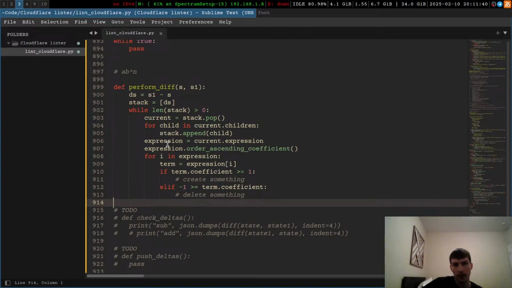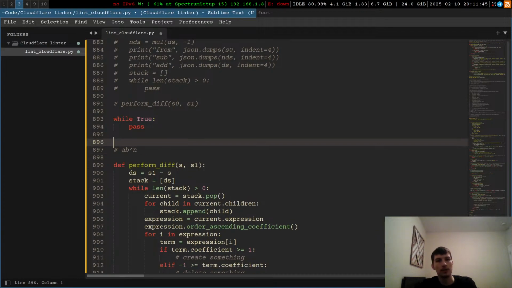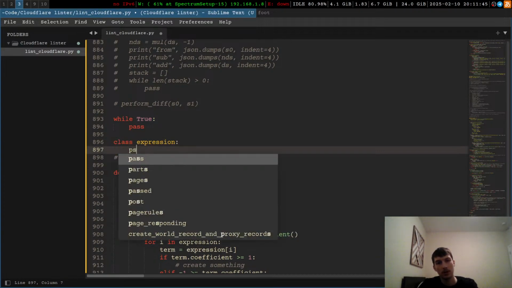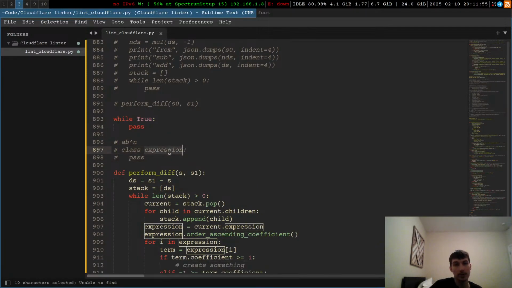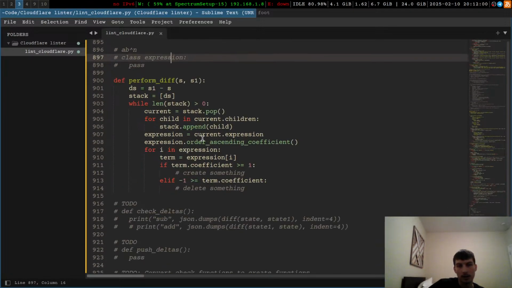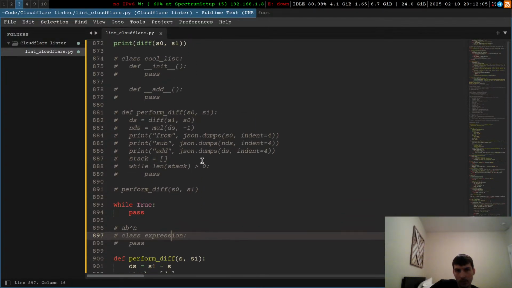But we have to make an expression class. We have an idea of an expression, and we don't really need exponentiation, but an expression describes a polynomial. And then on top of that we have the cool list, and this isn't really a list actually.